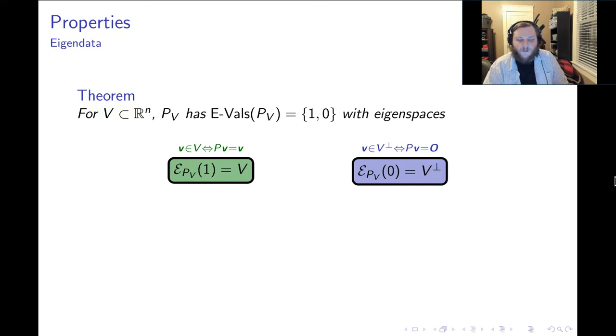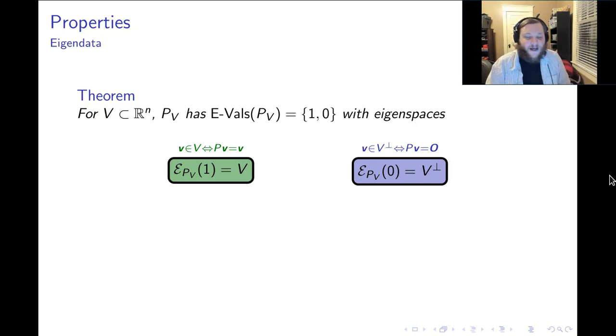What are some other properties of projection matrices? Well, if we think about the formulas we stated previously, we said that if a vector is in the space we care about, then P times that vector equals that vector, which is the same thing as P times that vector equals 1 times that vector. On the other hand, if a vector is in the orthogonal complement, then P times that vector is equal to the 0 vector, which is the same thing as P times the vector equals 0 times the vector.